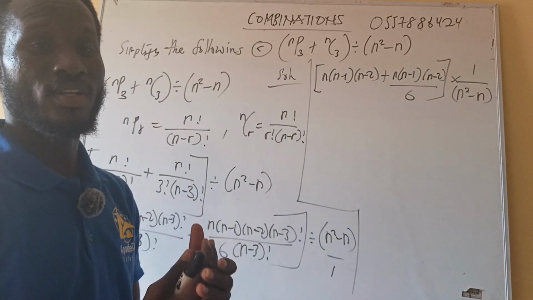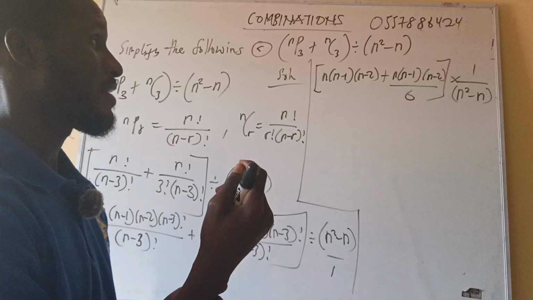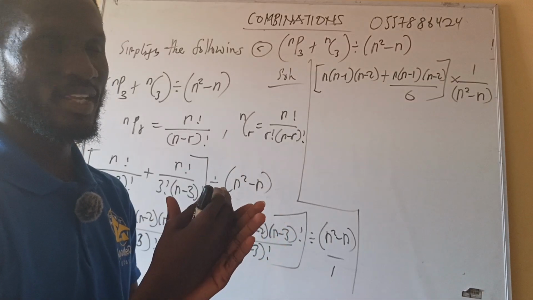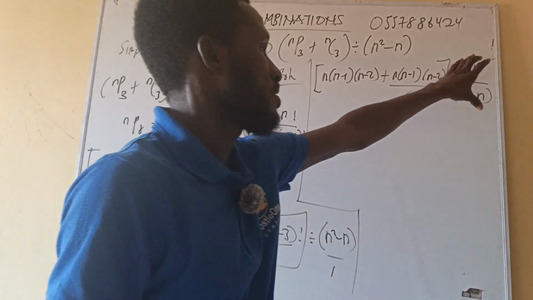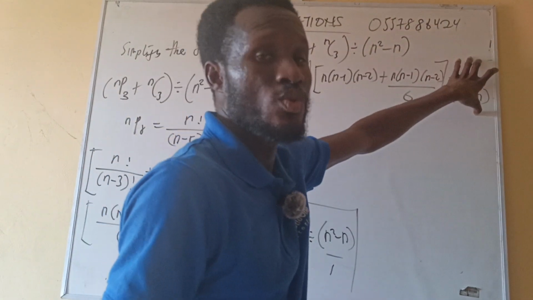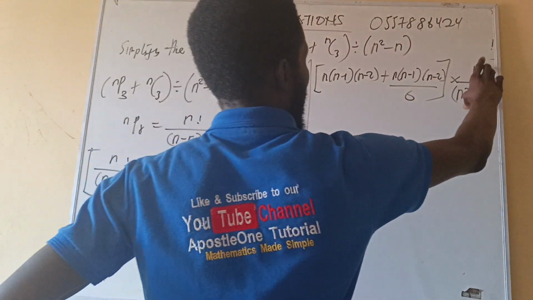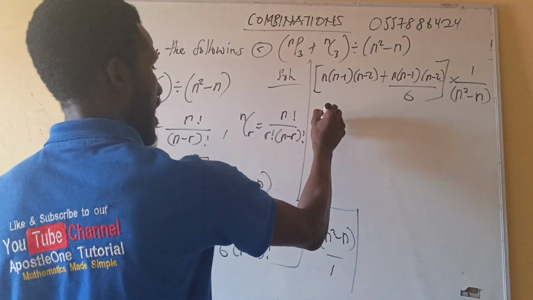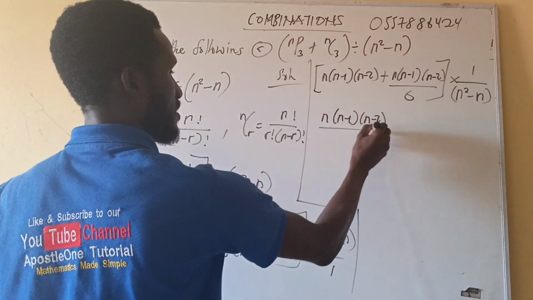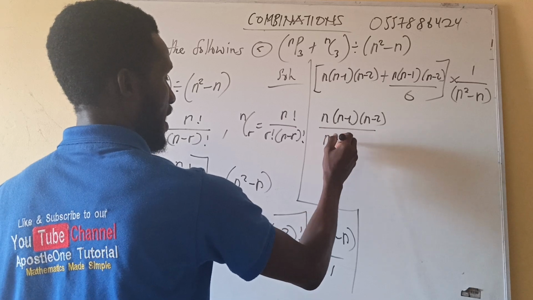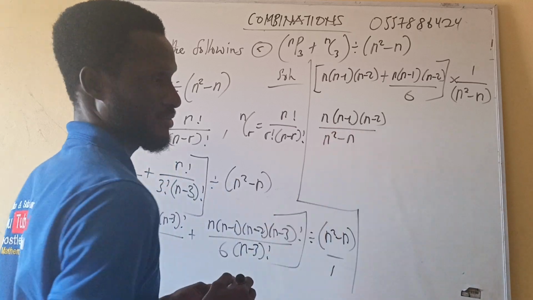Now, sometimes it depends on how you want to solve the question. You don't have to make the question so complicated for yourself. So what I'm going to do is use this one to multiply through. This one will multiply this, so I'm going to get n times n minus 1 times n minus 2 divided by n squared minus n.